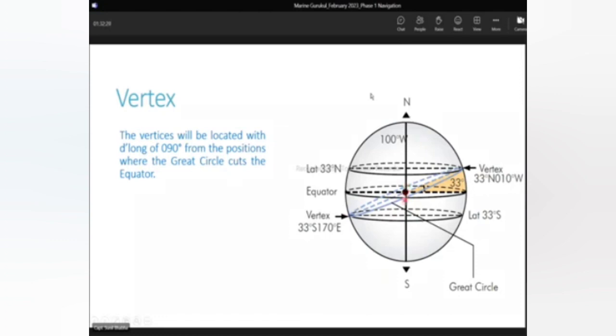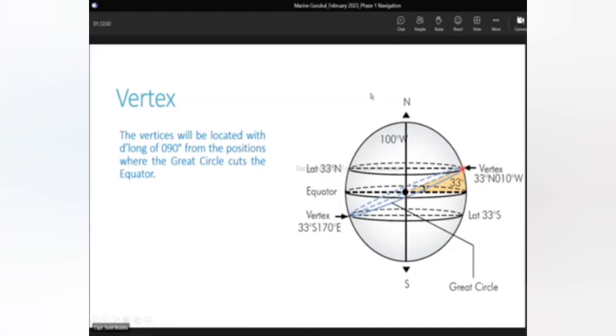The equator crossing points would obviously be reciprocally opposite to each other. In other words, the d-long between the two equator crossing points is going to be 180 degrees. Because of the symmetry of the diagram, the vertex is going to lie exactly midway between the two equator crossing points.